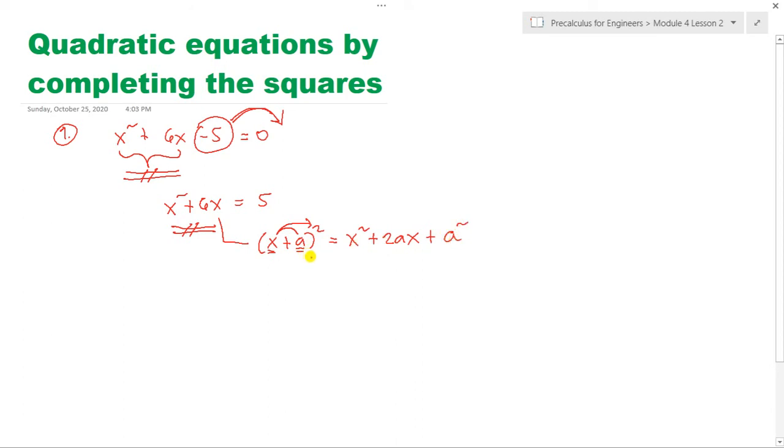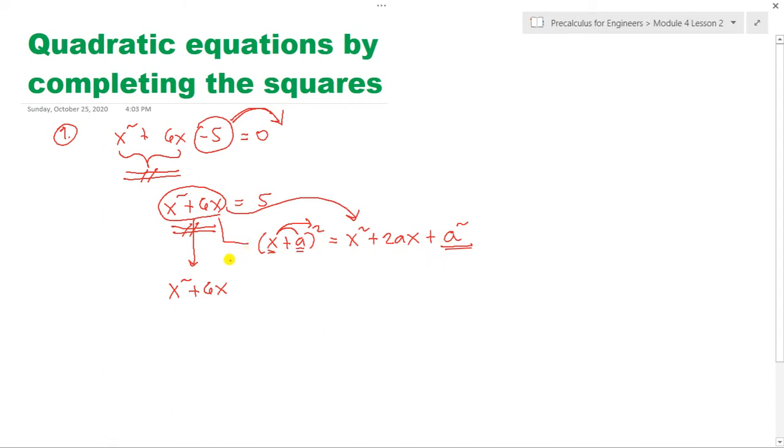So in this case, class, since we need to transform this into a perfect square that would look like this, what is the lacking term? The lacking term for our given x squared plus 6x is the constant, this a squared here. So how are we going to do that? Let's reverse.